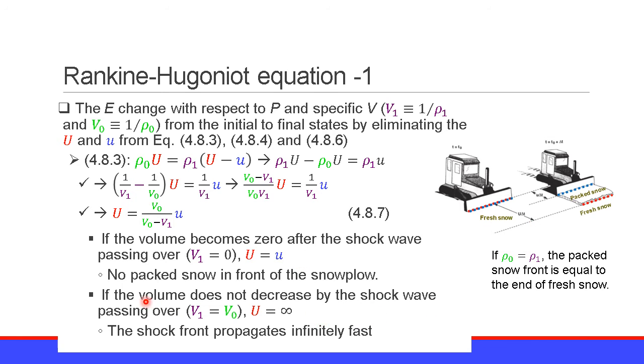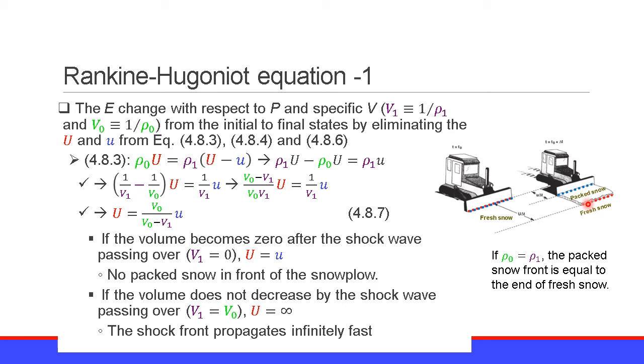If, on the other hand, the volume does not increase by the shock wave passing over, V1 equal to V0, then U becomes infinite. This phenomenon is understood from this figure. If the packed snow has the same density as the fresh snow, there is no front here.